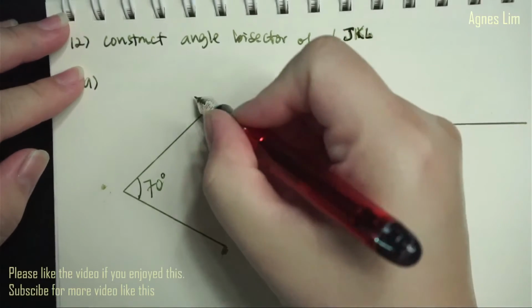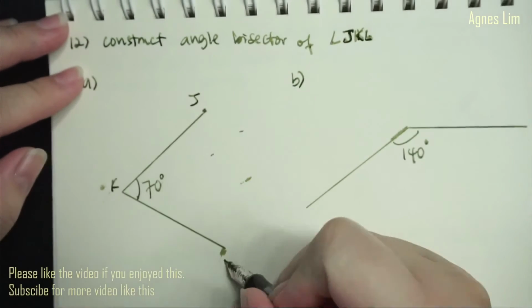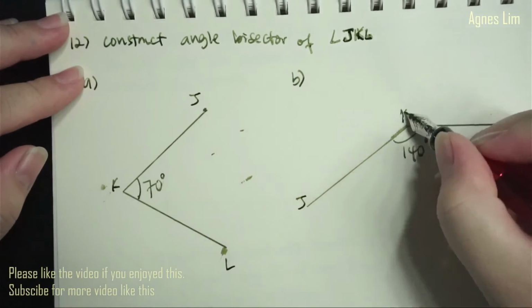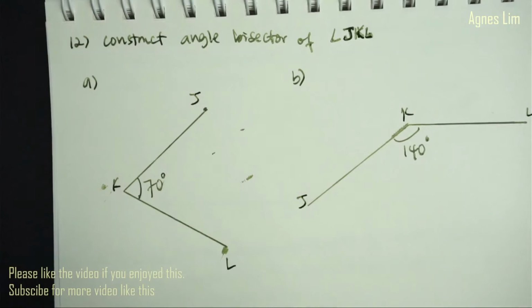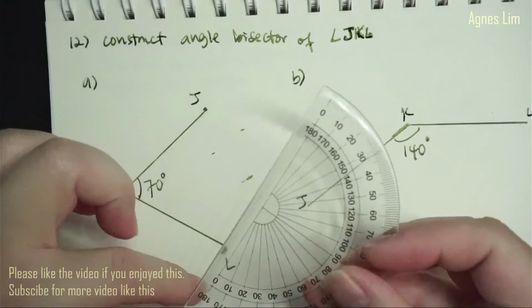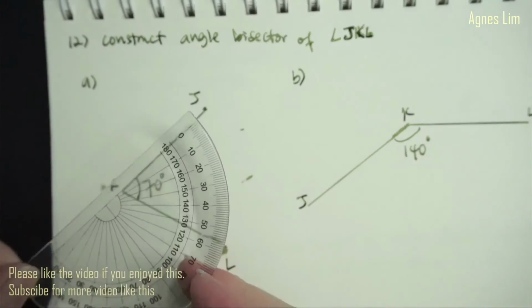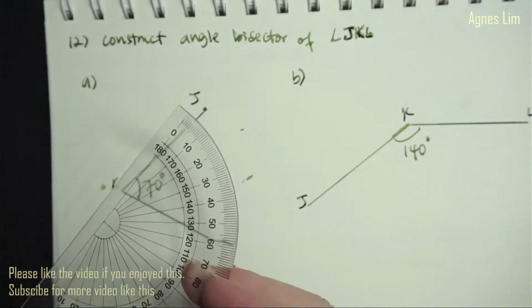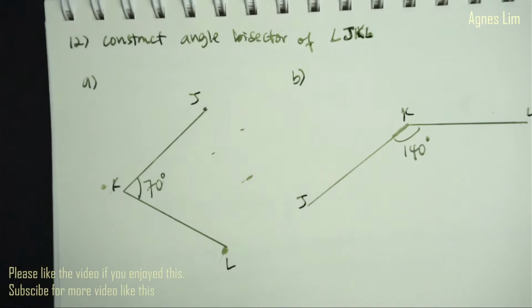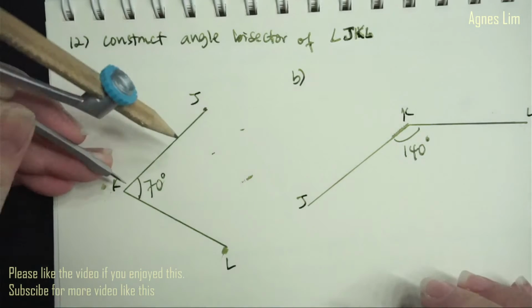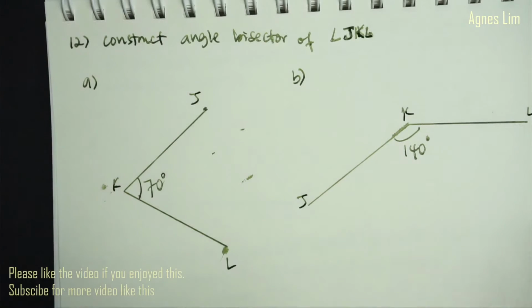Okay, JKL, so I'm going to label them. Alright, in the question, if the angle is already printed, there is no need for you to go in with your protractor and check whether it's 70 or not. It doesn't matter because questions are usually not printed according to scale. So we are going to do the bisector no matter how many degrees the angle is.